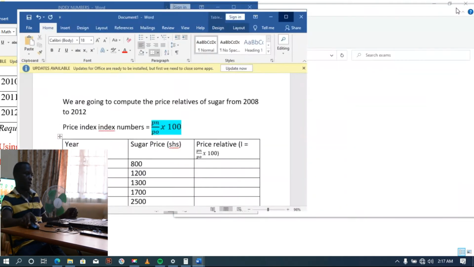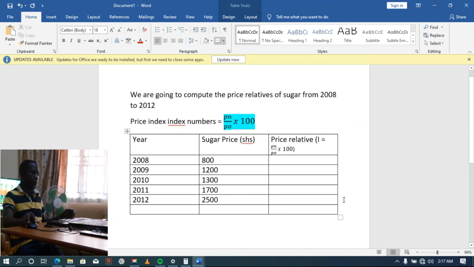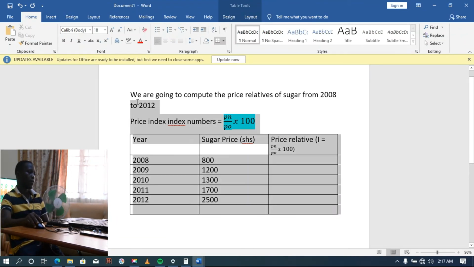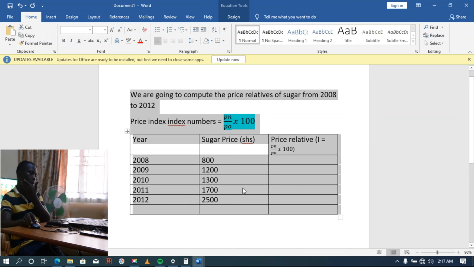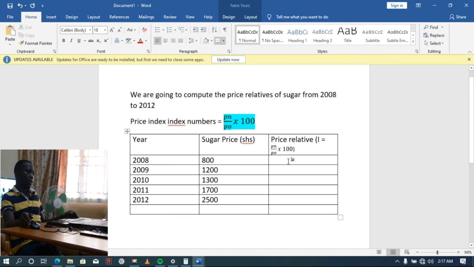So now those are the prices we do have. Now we are going to find the price relative simply by dividing the current year price by the base year price. So we begin with 2008. In 2008, given that it is the current year and at the same time the base year, we simply divide its price of 800 by that same 800.